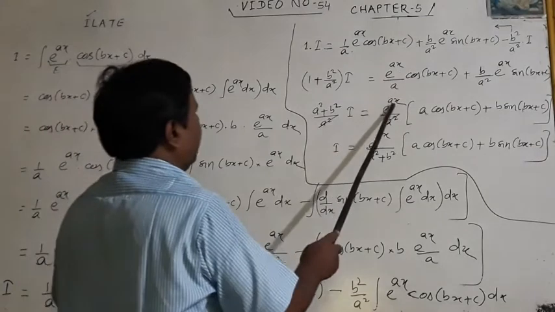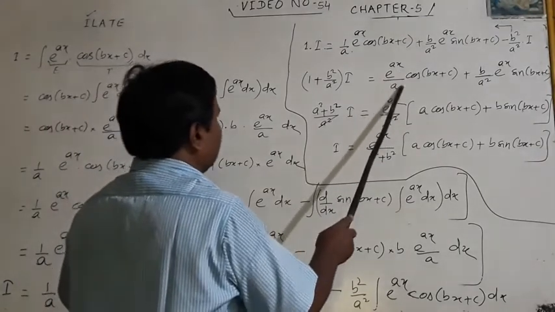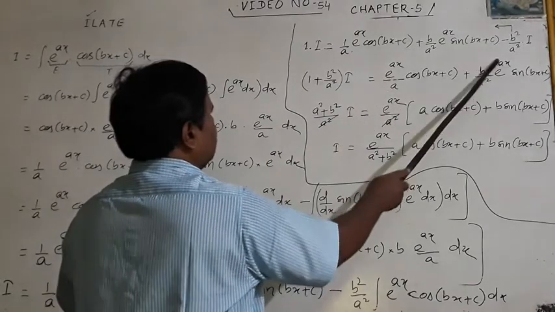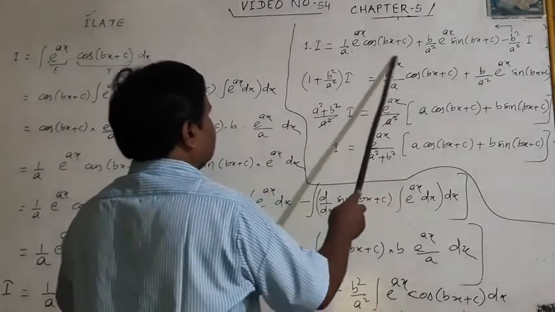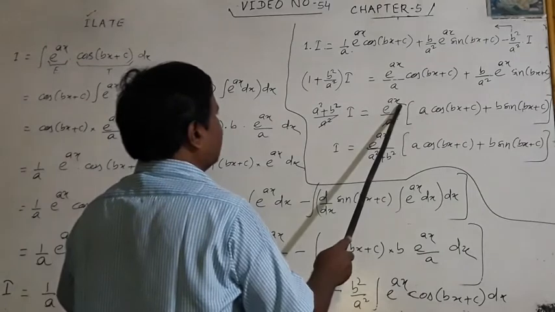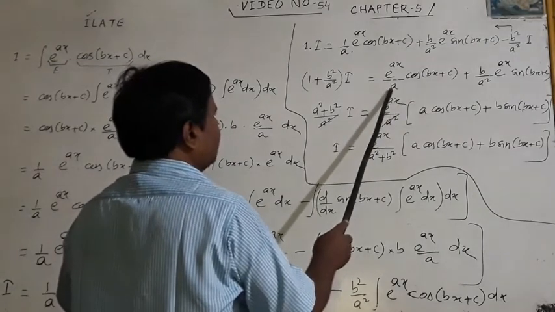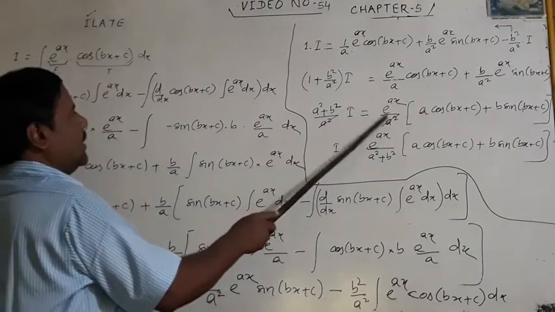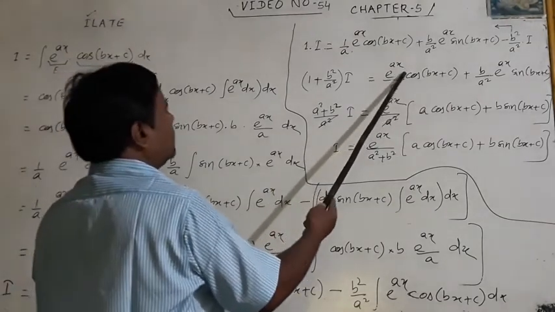I am taking e to the power x common, because e to the power x is in both terms, and a squared as well. If I take a squared, then a will multiply this position.